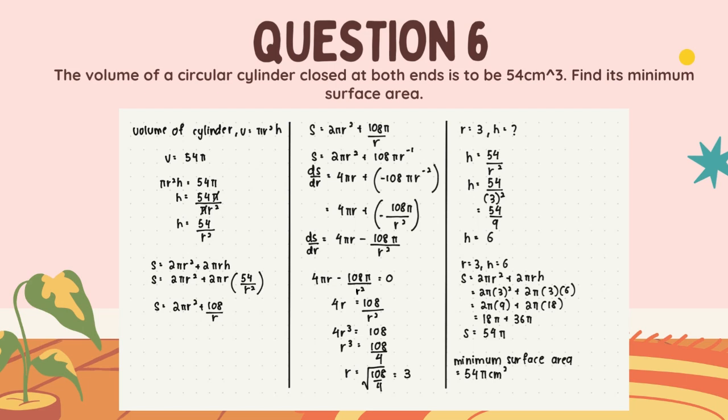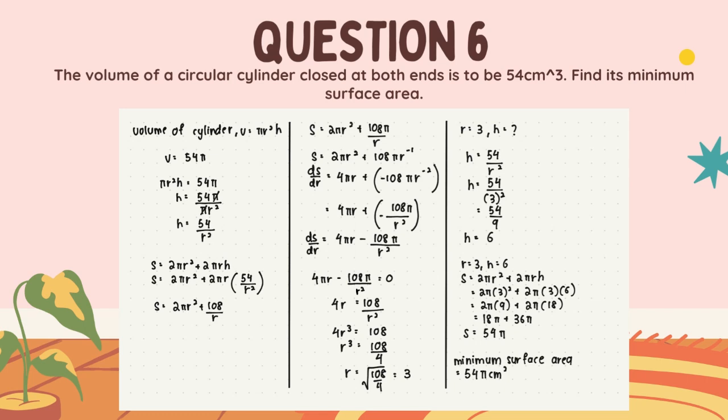We know that h = 54/r², which we already calculated earlier, so we replace the h in the surface area S with 54/r². Then we get S = 2πr² + 108π/r.